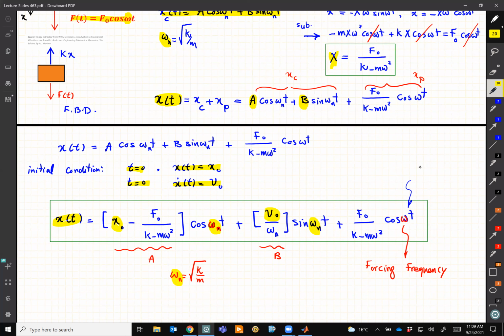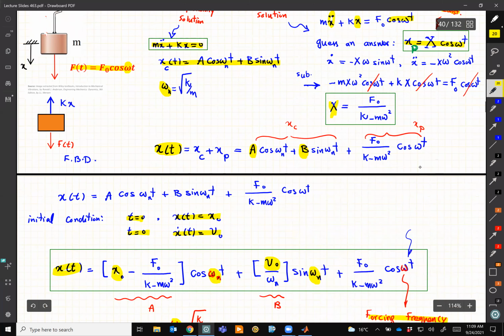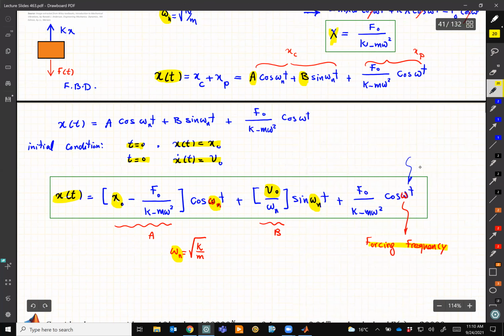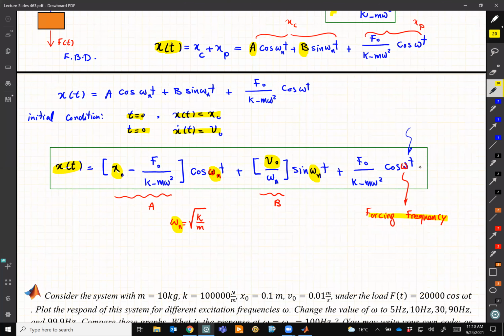And then it has a forcing frequency, which is up to us, depends on how fast a motor is rotating, or let's say a washing machine, which we will solve as an example soon, how fast it is rotating. So this omega is the forcing frequency, right? From this diagram, this is this external load. But in general, we say the answer to this system is two waves superimposed, or two waves adding to each other.